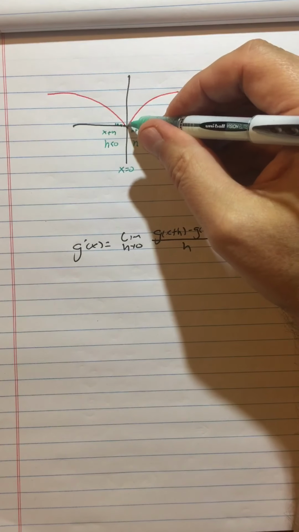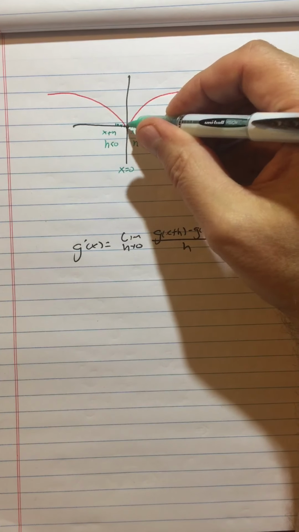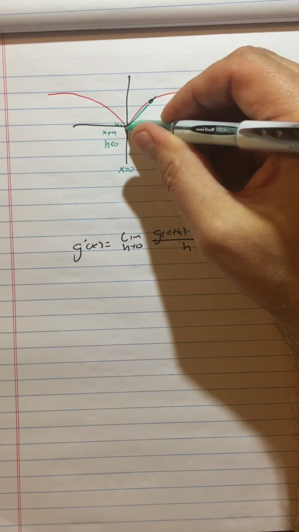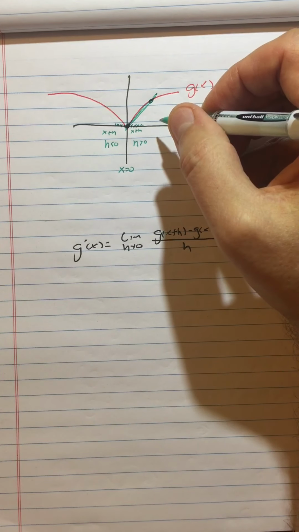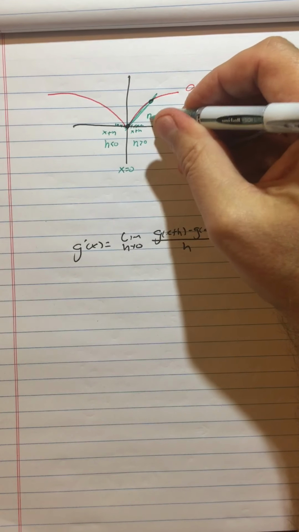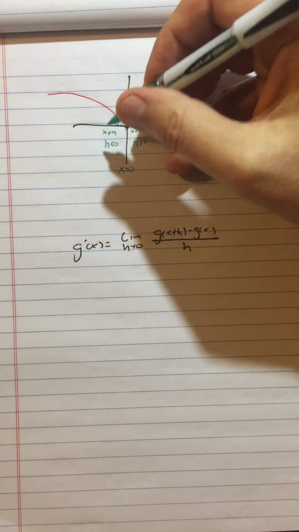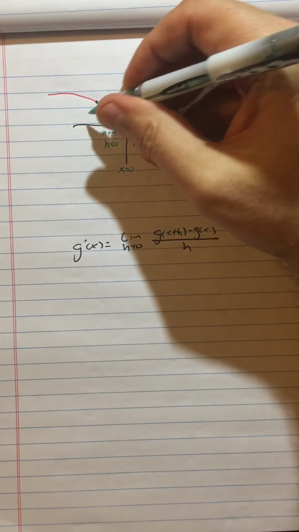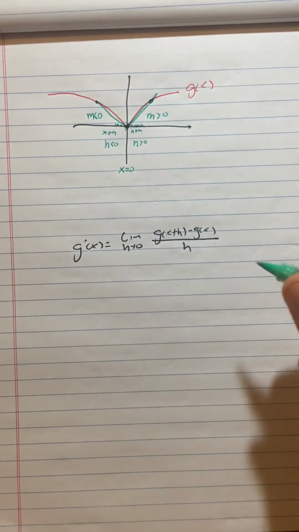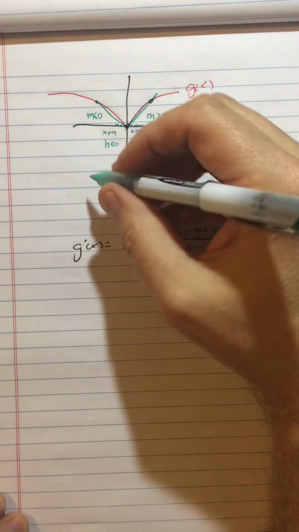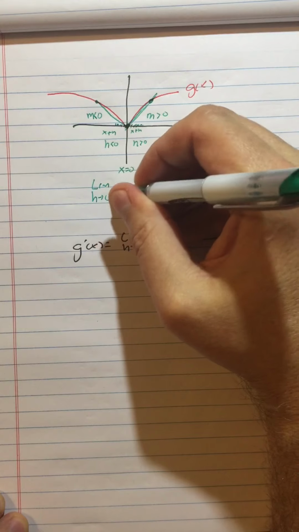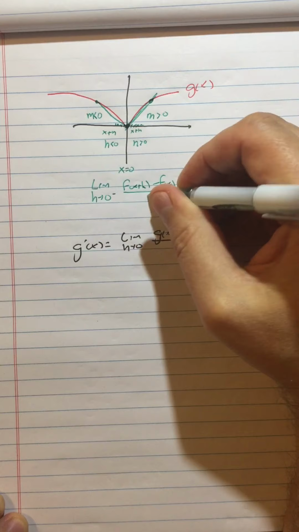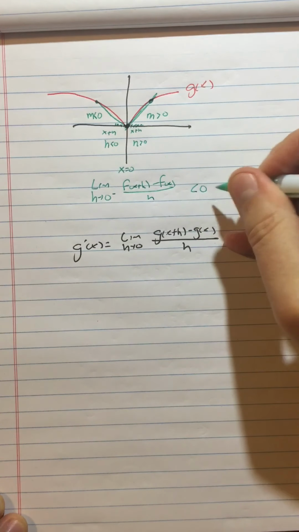So what happens in these two different cases? Well, anywhere that I'm looking over here at f of x and f of x plus h on the right, I'm going to have a positive slope. All right, so the slopes over here are positive. But if I'm looking at a negative h, any slope that I look at over here is going to be negative. So we could say the limit as h approaches 0 from the left of f of x plus h minus f of x over h is less than 0.